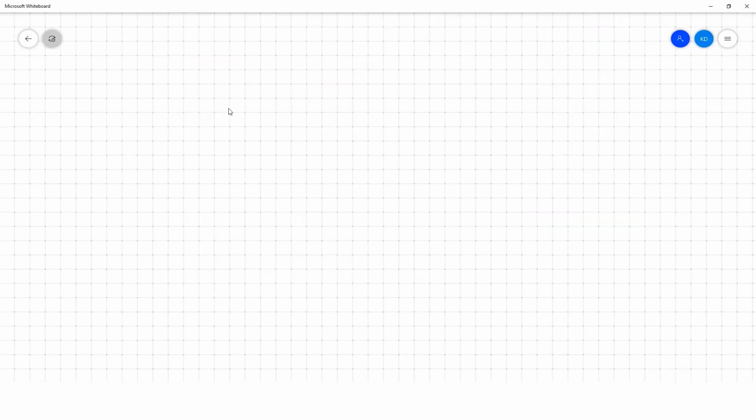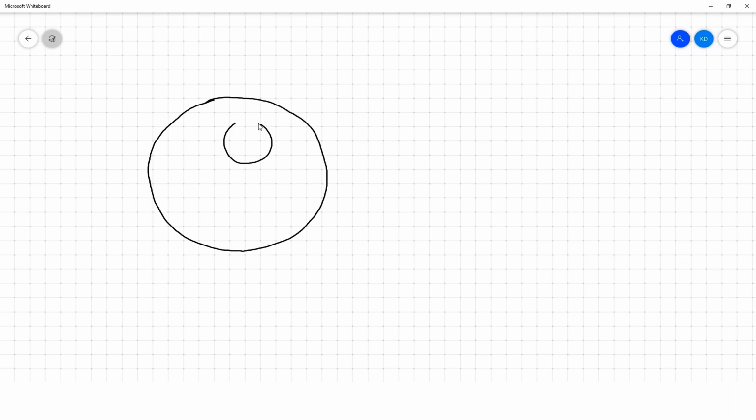Now let me draw the cell structure. Please draw with me. You can practice with me properly. First of all, draw circles, and this is dot, and I will discuss all of this point wise.